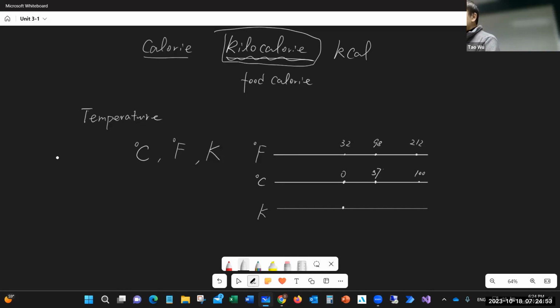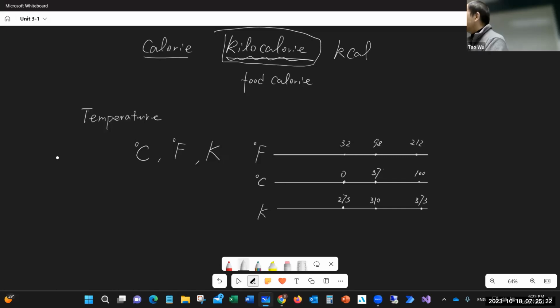And for Kelvin, the zero is 273, okay? Actually, it's 273.15, but usually I just use 273. And 100 Celsius is 373. And for body temperature, 37 plus this number is about 310.